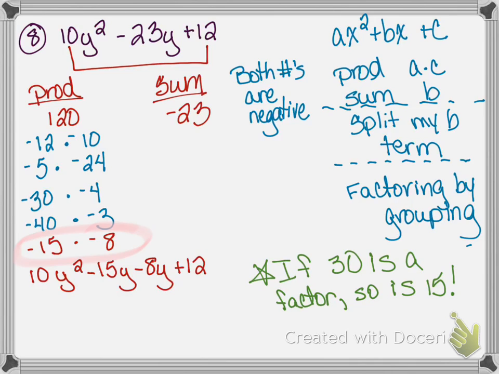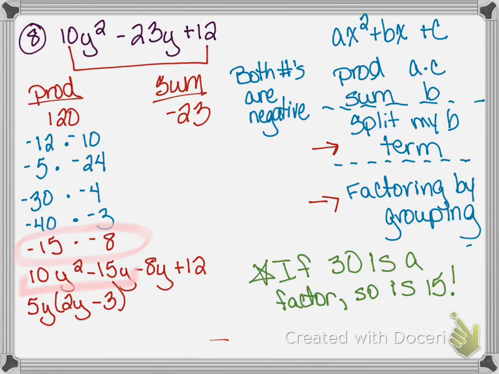Now I've got to factor by grouping, and we just talked about how to factor by grouping. What goes into my first two terms? What comes out of 10 and negative 15? 5. What variable comes out of that? Good. So then I'm left with 2y minus 3.